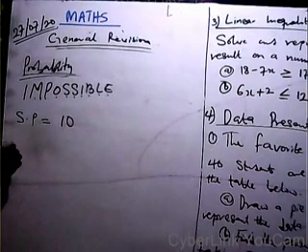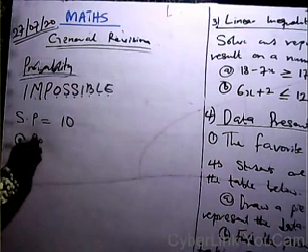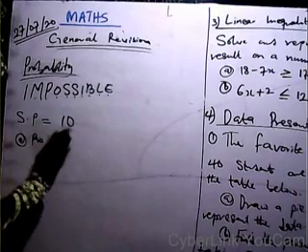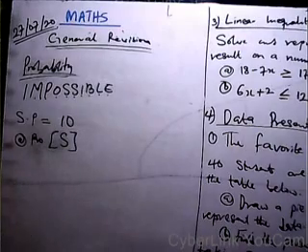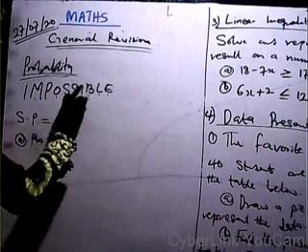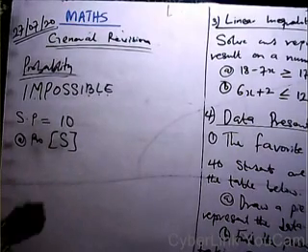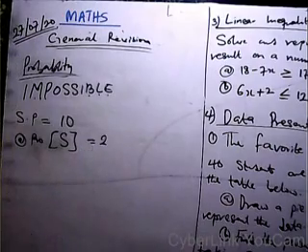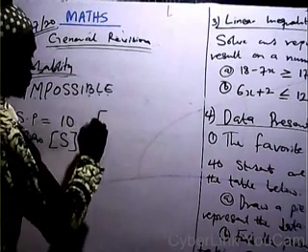For question 1, the probability of letter S. You now look at how many letter S do we have in that word. We have only 2.